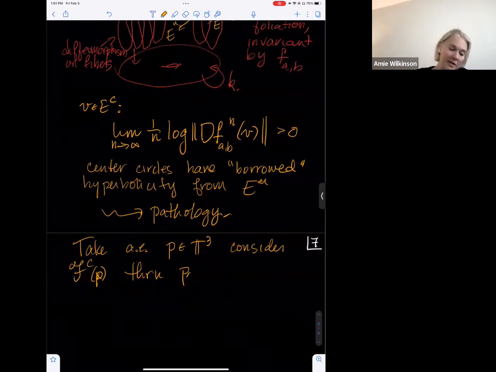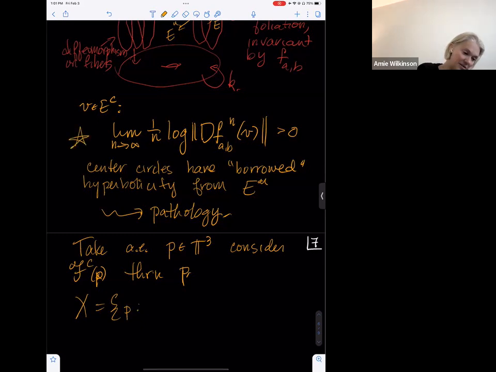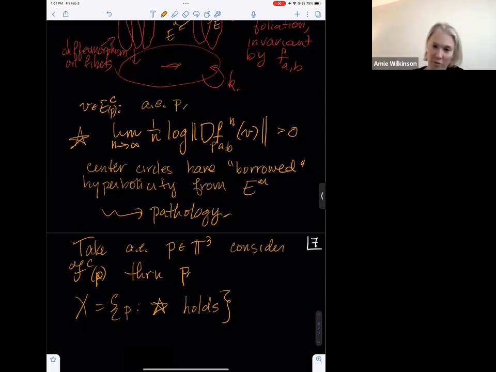Now I have to define my set X. I let X be the set of all P such that star holds. Again, I should have said this is for almost every P, very important.